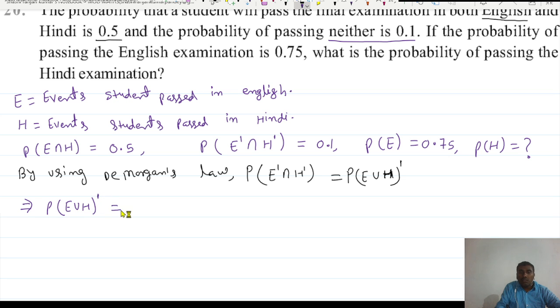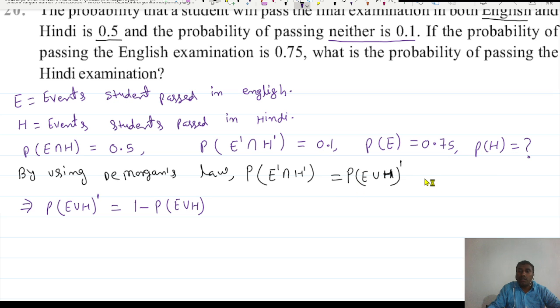Because the probability of an event's occurrence plus non-occurrence is always 1, this can be written as 1 minus the probability of E union H.